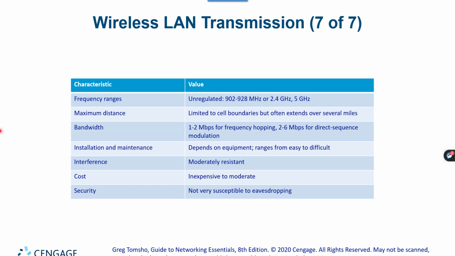So the bandwidth is going to be 1 to 2 megabits for frequency hopping, 2 to 6 megabits for direct sequence spread spectrum. This is what you're going to see when you do Bluetooth.